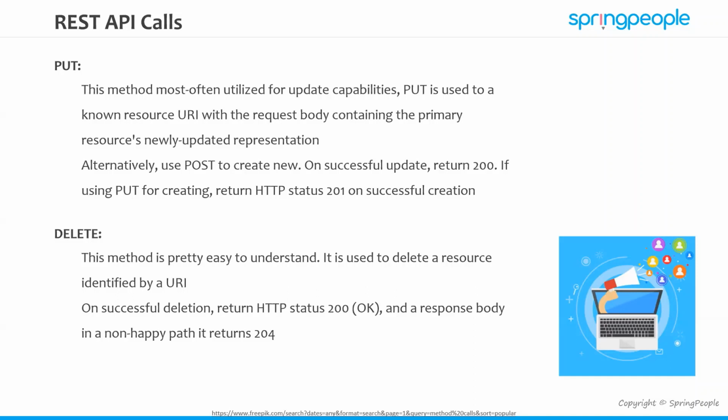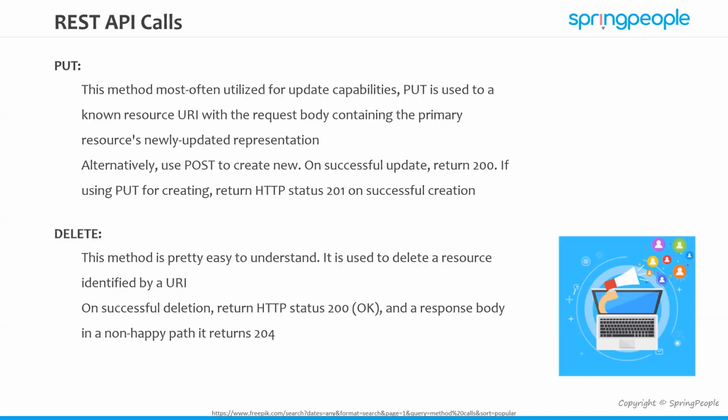Put: this method is equivalent to the update statement in a database. It is most often utilized for update capabilities. Put is used on a known resource URI, with the request body containing the newly updated representation of the resource. Let's say we have created a contact using post, and then we need to update that contact. We use put with the ID, let's say ID equal to 1, and we want to change the name from Chandan to something else.